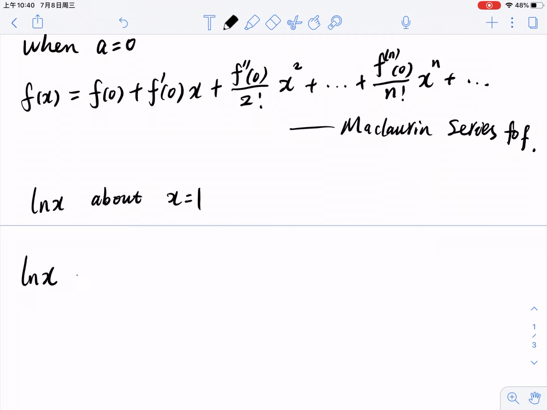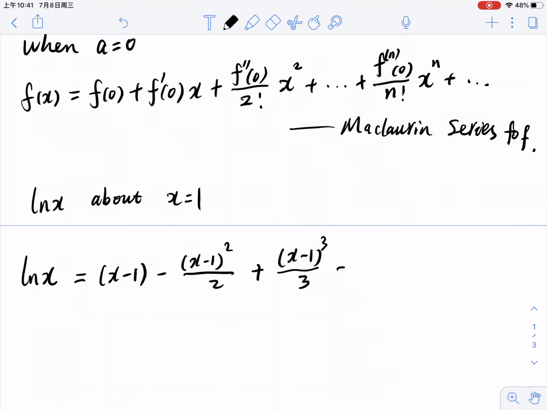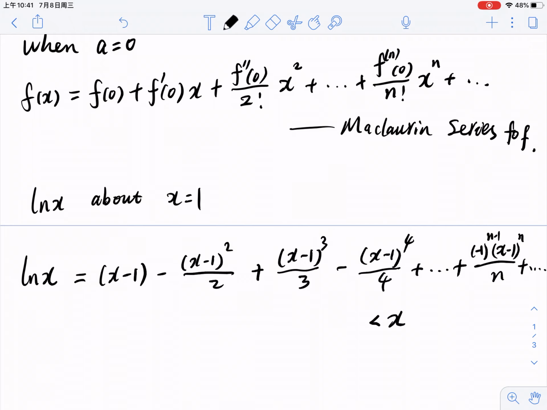Its Taylor series is (x minus 1) minus (x minus 1) squared over 2 plus (x minus 1) cubed over 3 minus (x minus 1) to the power 4 over 4 plus ... plus (-1)^(n-1) (x minus 1)^n over n plus ... This is valid for x strictly greater than 0, less than or equal to 2.